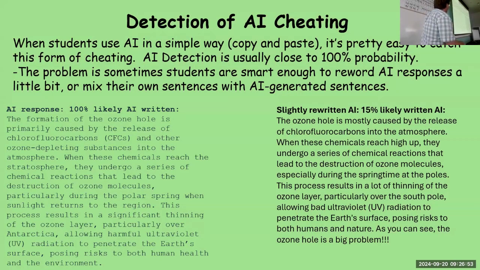As you can see, the ozone hole is a big problem. It reads very different from the technical sentences before, but adds a little bit of human flavor. And I tricked the AI. This only scored 15% likely written by AI. So if someone like me was trying to be deceptive about AI, I could get away with it, right? I could fool someone because I can change it enough.